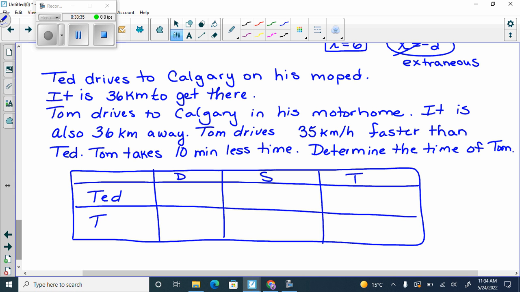What do we know? We know the distance, which is 36 kilometers.